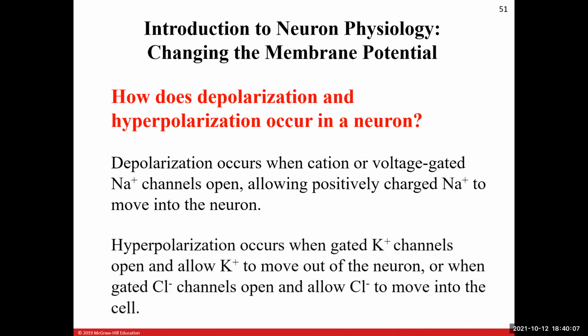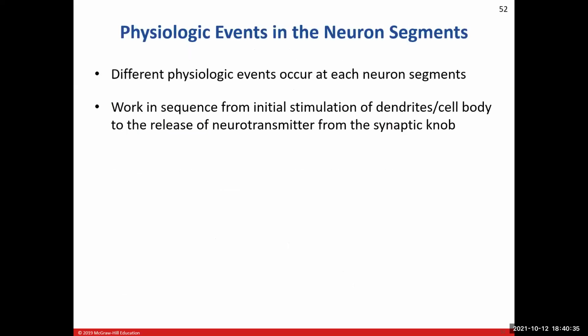Hyperpolarization, now we're going to see when our gated potassium channels open and potassium moves out of the cell, taking its positive charge with it. Because in hyperpolarization, we're making the inside of the cell more negative. So that could be one cause of hyperpolarization, or the gated chloride channels open up and chloride enters into the cell, bringing its negative charge with it, also making the inside of the cell more negative.